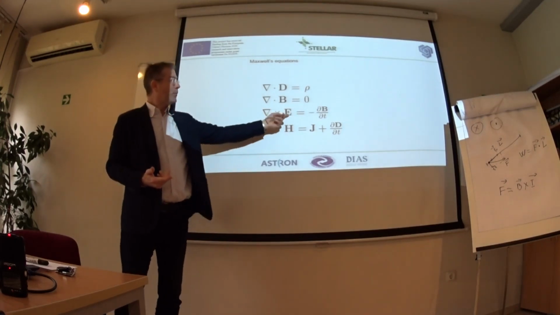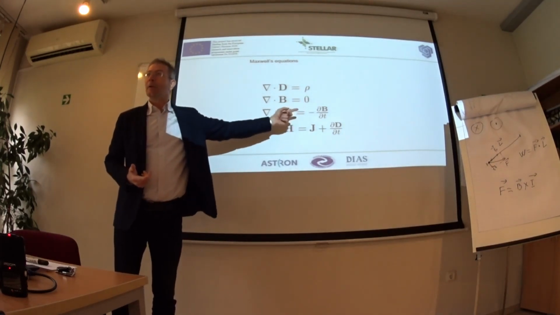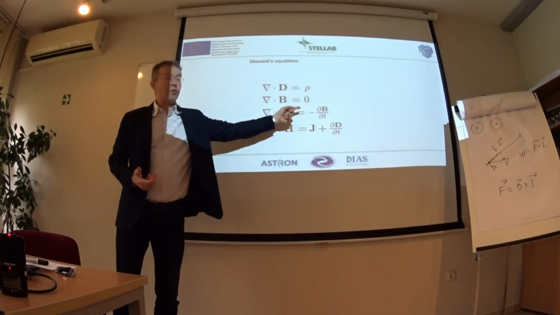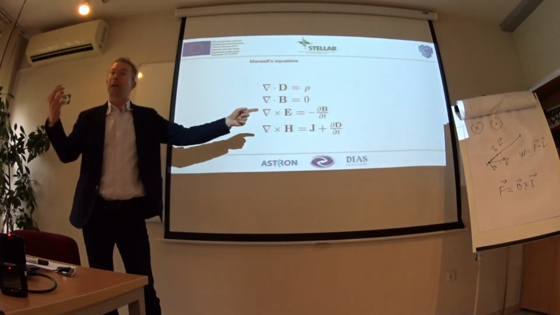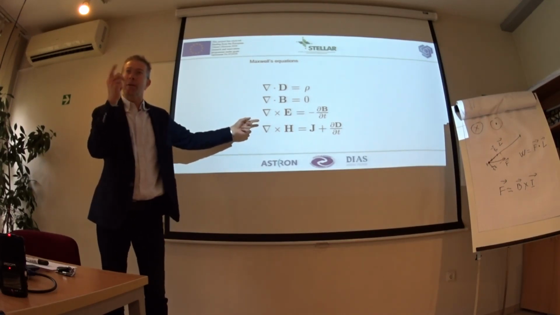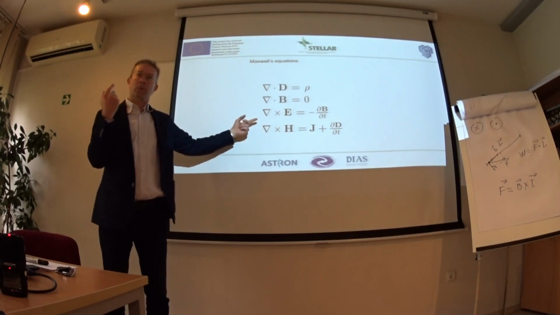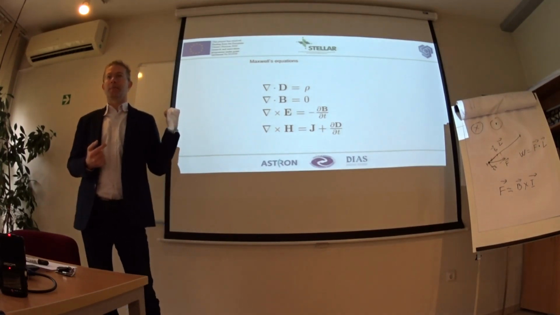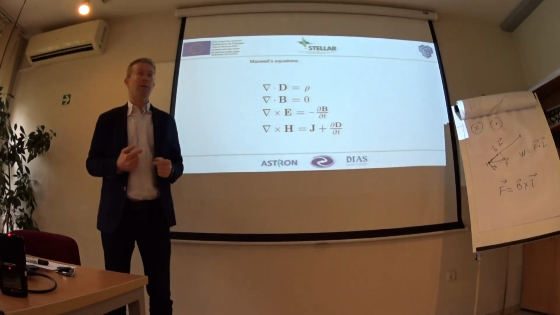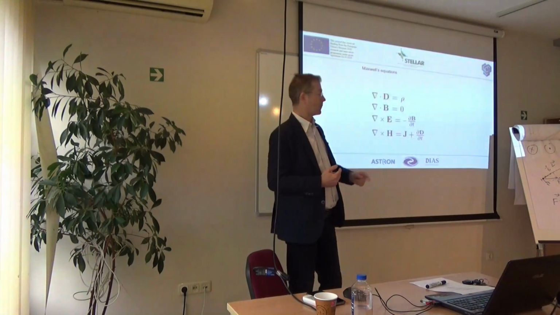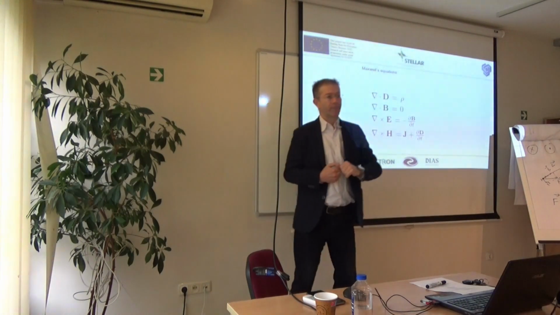And smart people saw that a change of magnetic field in time causes an electric field, which has a tendency to curl. This is what this equation says. And what does this equation say? Which equation? The last one.